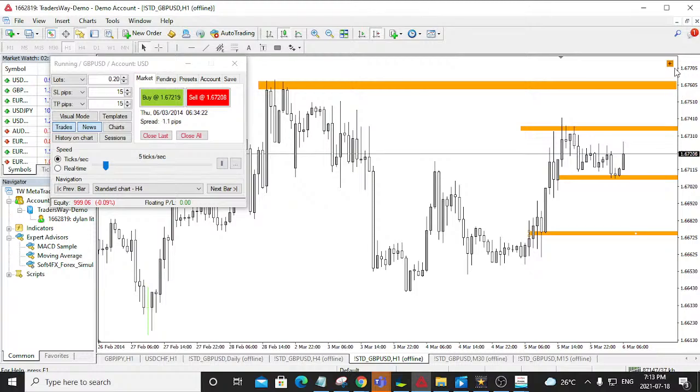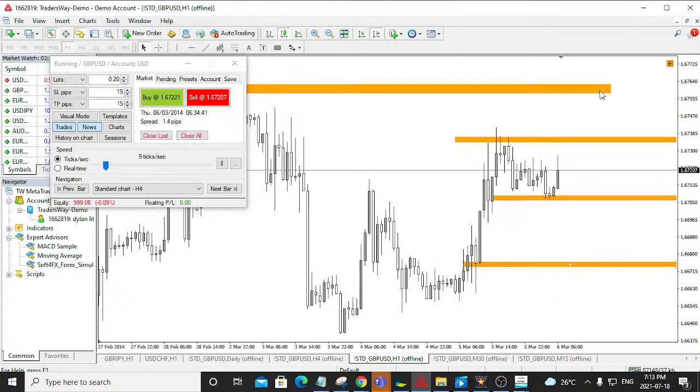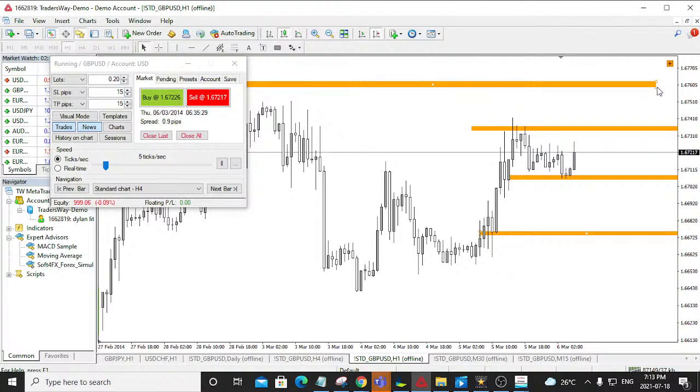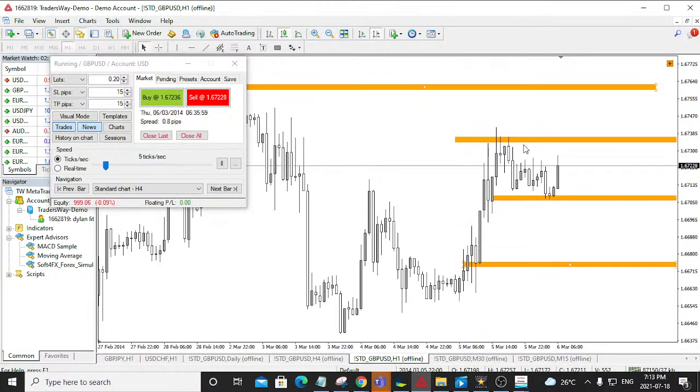And then breaking the top, we'd head over to that area. So that's the 1 hour.